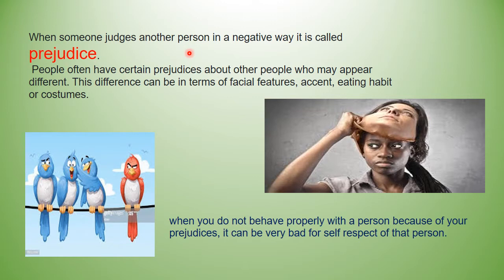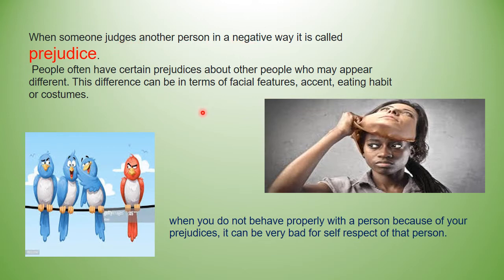People count urban setting people also with some negative thoughts and notions. So if you are judging a person in a negative way, it is called prejudice. Now in this picture, the prejudice could be that of skin color. Prejudice means that you are judging some person in a negative way.